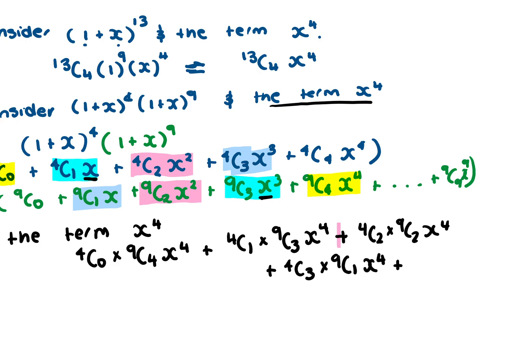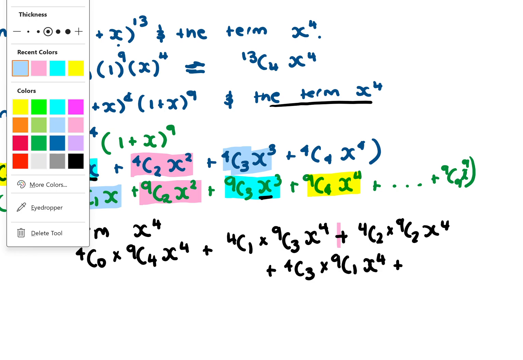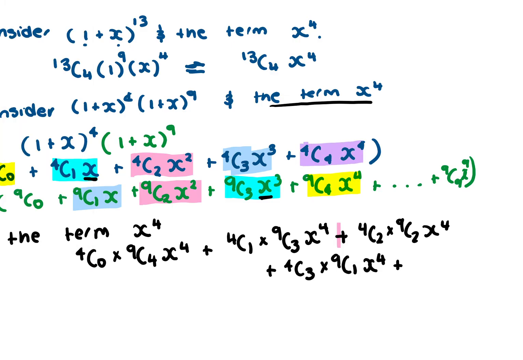And there's one last way I can make x to the 4. I could do 4C4 x to the 4 times a constant. So they're all the ways I could multiply out: 4C4 times 9C0 x to the 4.